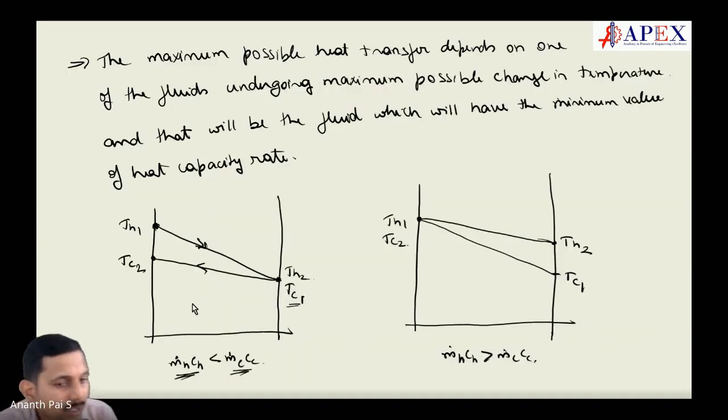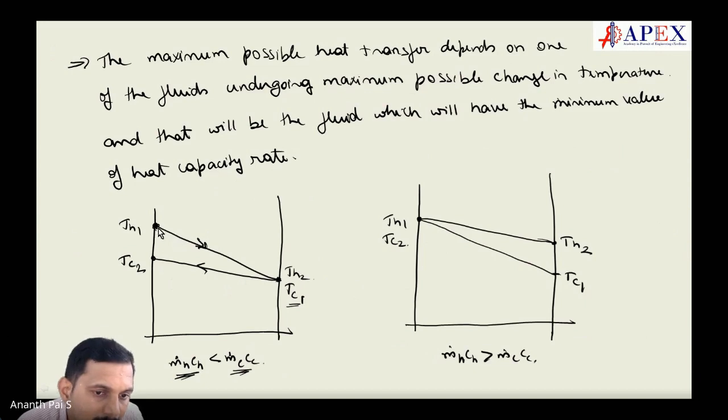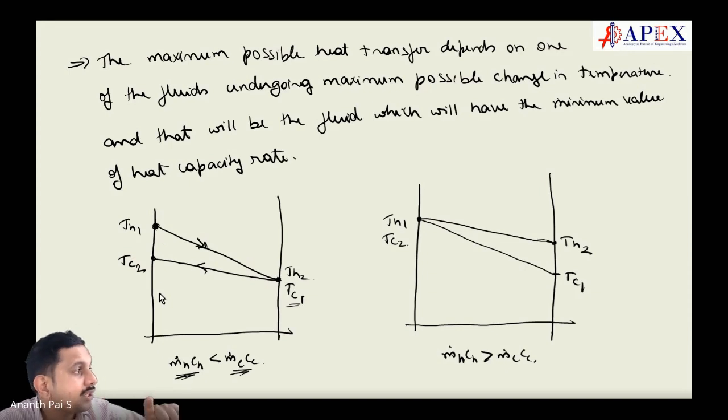Maximum difference, look at it here, you get the things right. So what will the largest difference be? What do you mean by the largest temperature difference it can have? It is TH1 minus TC1. The largest temperature difference that a fluid can undergo is TH1 minus TC1, here also TH1 minus TC1, in both the cases.